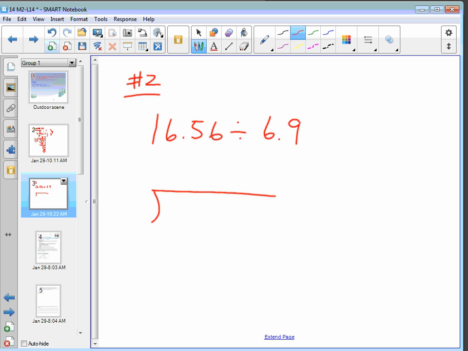Well, who's out? All right, by the way, this is called the divisor. And inside the house is the dividend, if that's another way to remember it. 16.56 is then in. What do we have to do first?